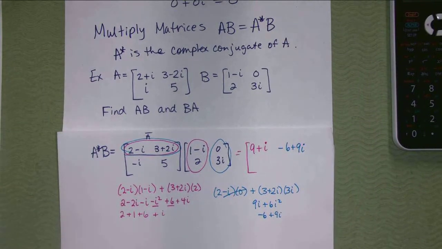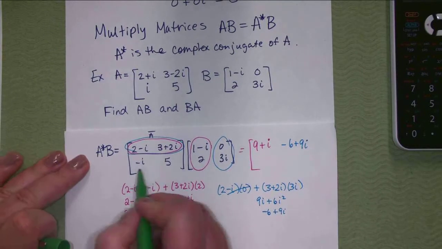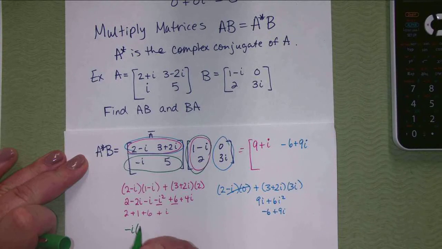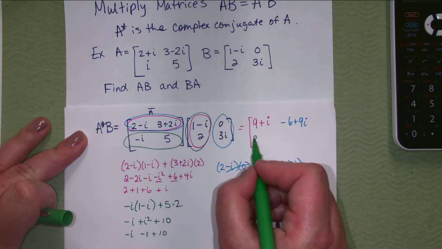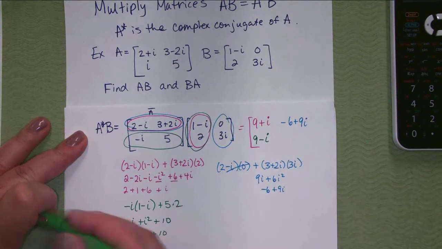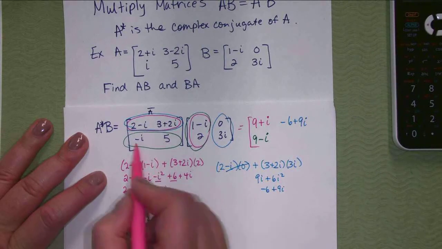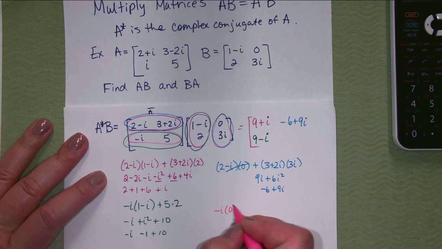So the next one, go to row 2 with column 1. So minus i plus i squared plus 10. So that would be 9 minus i. And then our last one, 15i. Minus i times 0 plus 5 times 3i.